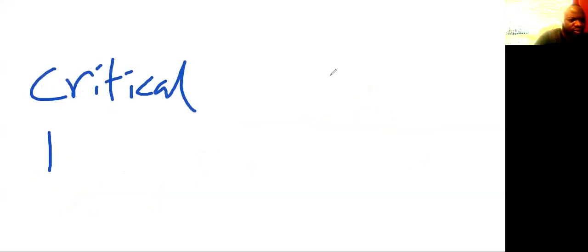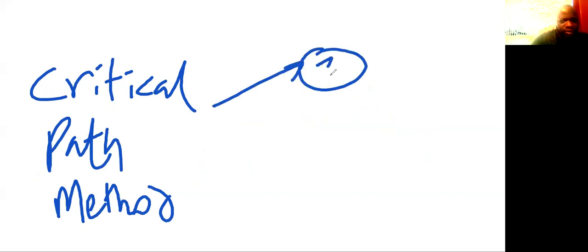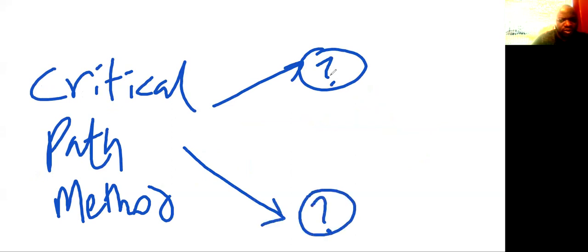Critical path method is a tool and technique of two processes. This should be very easy for those of you who've studied the chapter. I'm not giving you any more clues.